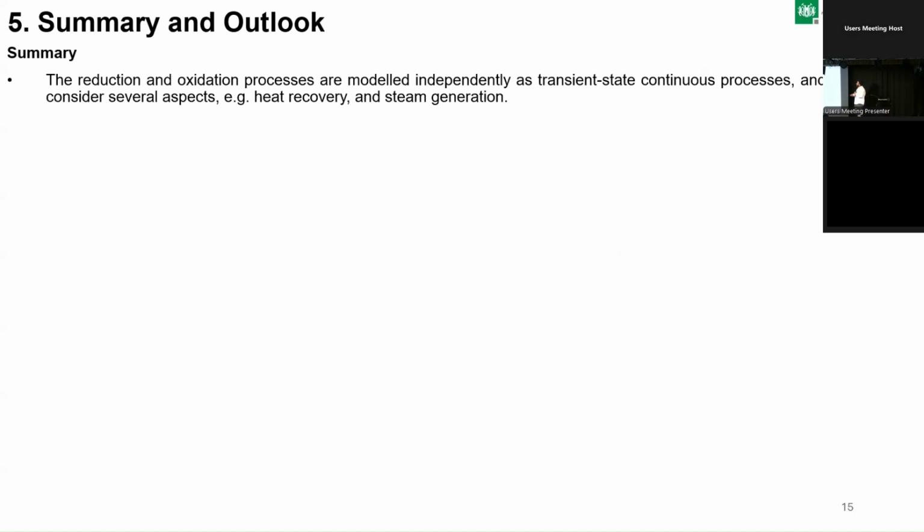To summarize: the reduction and oxidation processes were modeled independently as transient state processes, and this was really helpful for us. The models and scenarios consider several aspects, for example heat recovery, recirculation, steam generation, and so on.